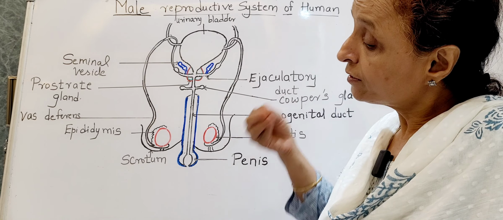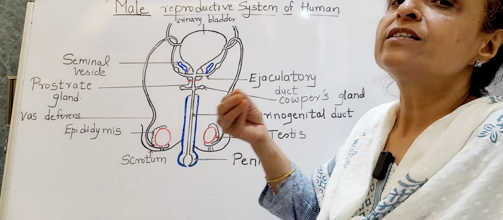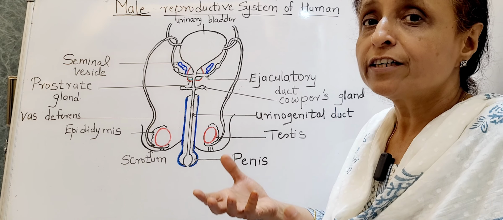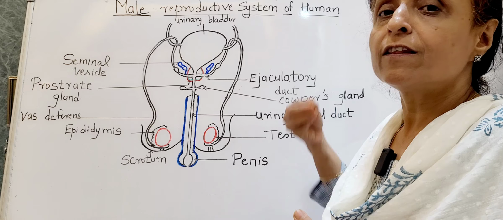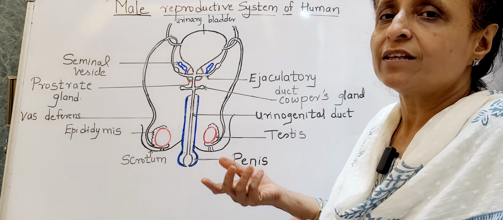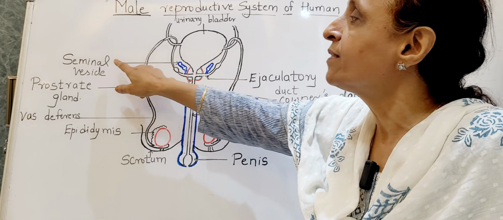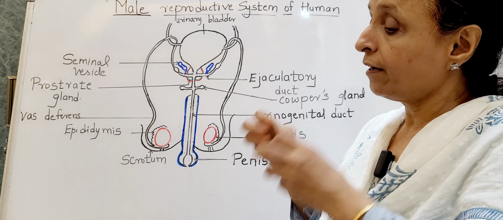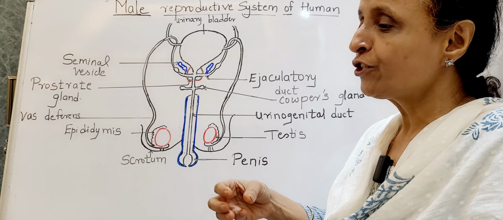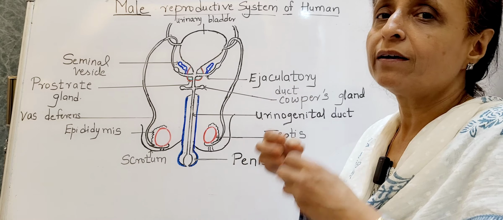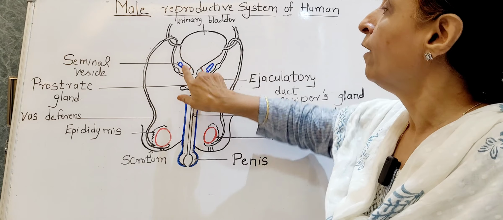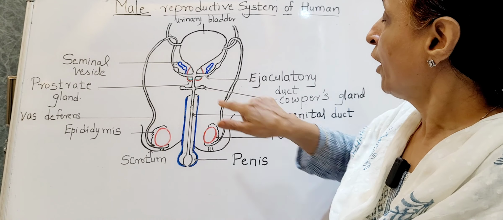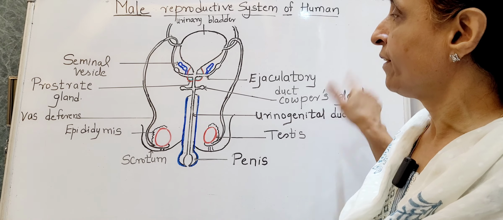It gives nutrition to the cells. The cells have to be nourished. They have to swim in the fluid, because otherwise they will die. So the fluid from the seminal vesicle gives an alkaline condition, gives nutrition, and allows them to swim and go further. Now it will come here into the urinogenital duct.